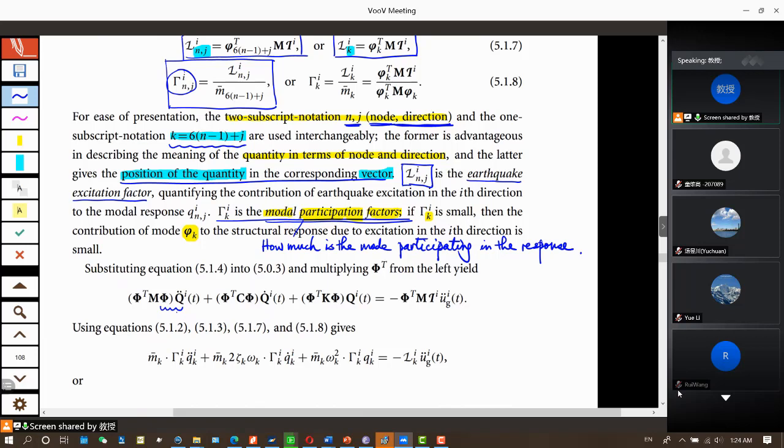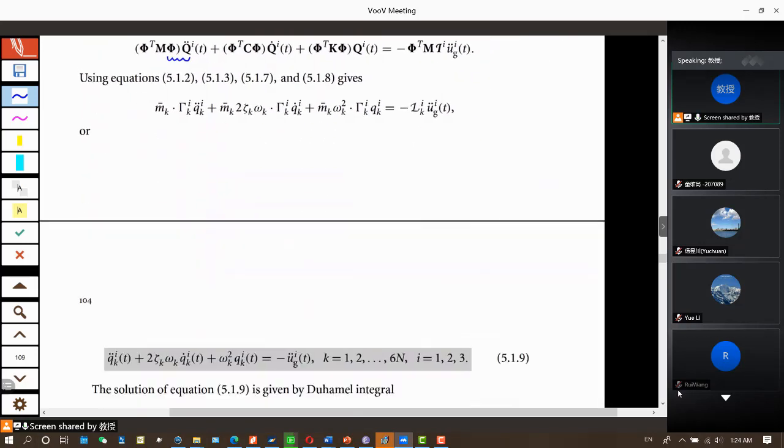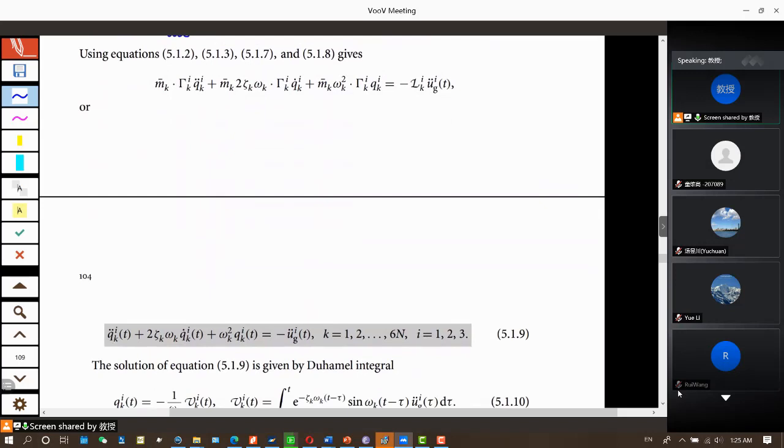So i is from 1 to 3. So i here is the direction of excitation, and k is the mode.